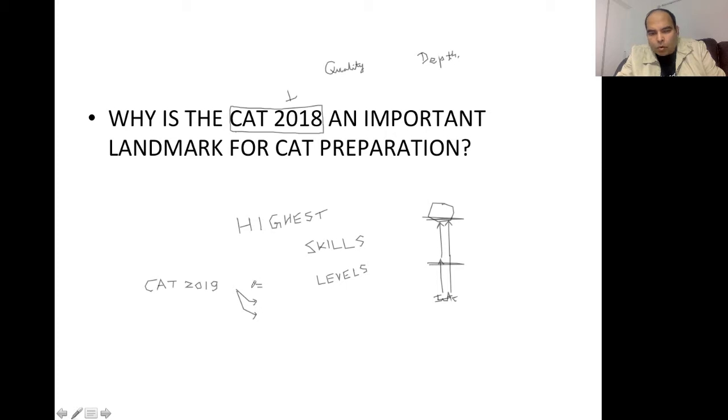Obviously, there is no possibility of the CAT 19 paper going a higher level given the kind of paper it was in CAT 18. So there are three possibilities for CAT 19. And when you're preparing, you need to make sure that all the three bases are covered for you.